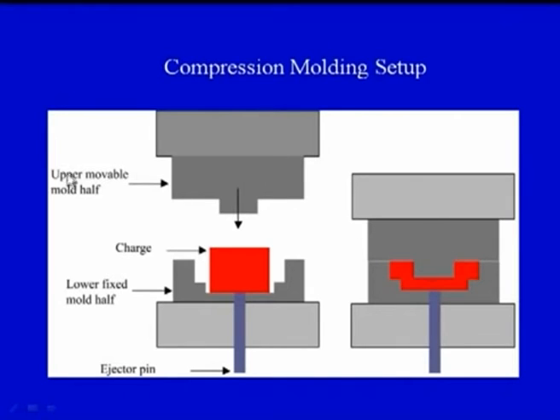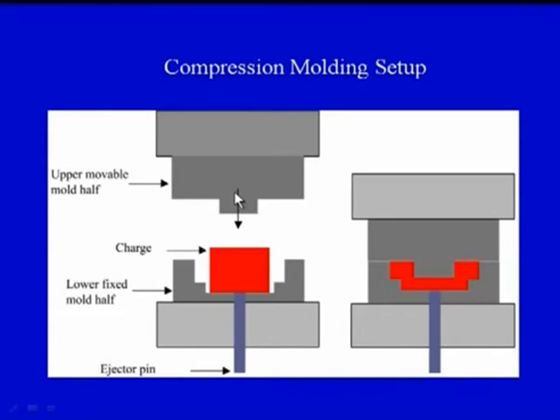Now the upper movable mold half can come down as well as go up. Once the cycle has been completed and it has applied the requisite pressure on this polymer charge, it would retract after the cooling period.